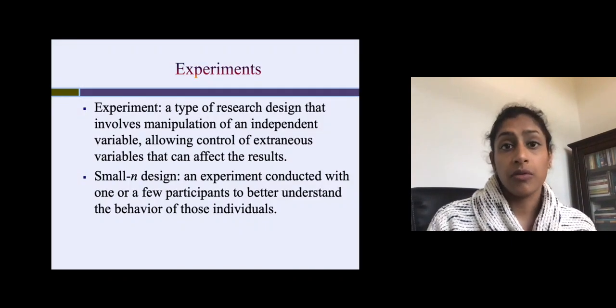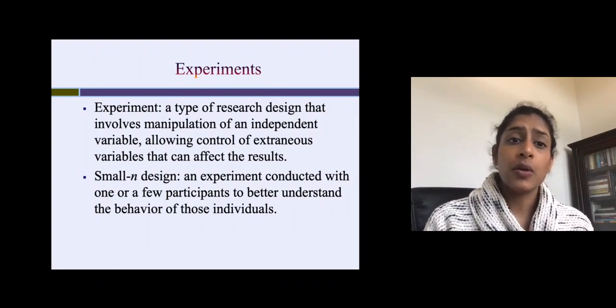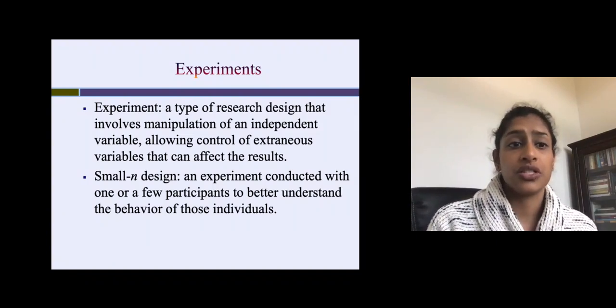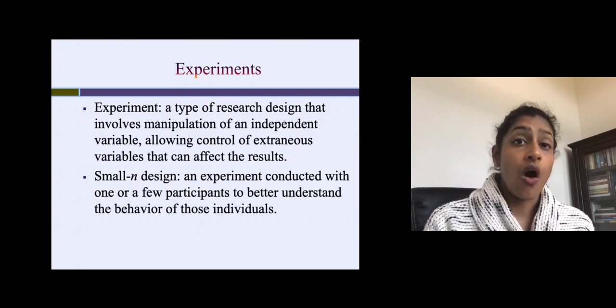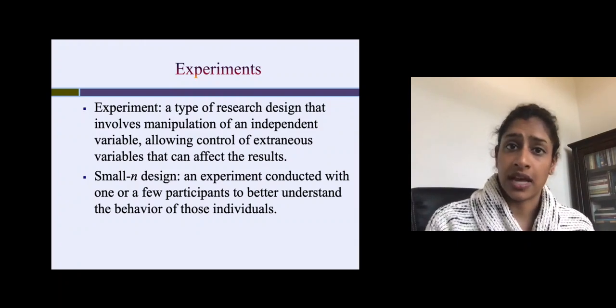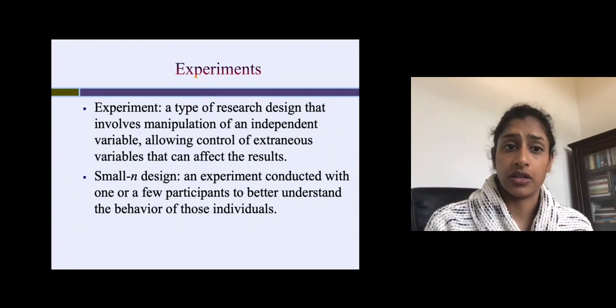To begin with, we should define what an experiment is. An experiment is a type of research design that involves manipulation. The hallmark of the experimental design is that manipulation, and the manipulation in this case is of our independent variable.